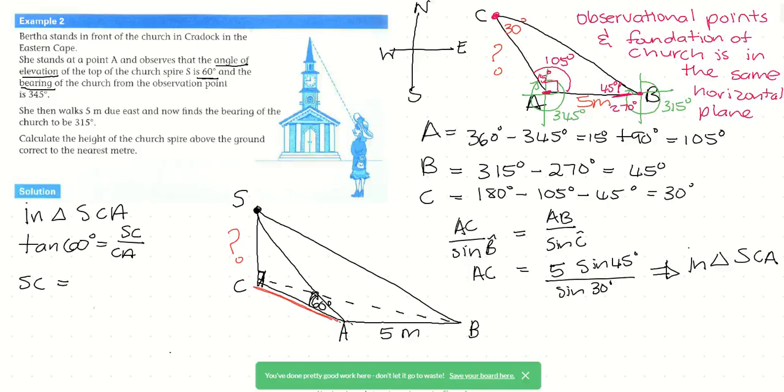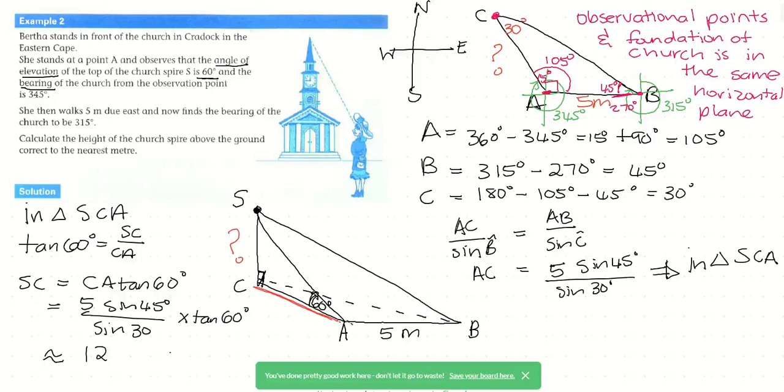We multiply tan 60 degrees by CA, and I can substitute AC or CA into this, which is 5 sine 45 degrees all over sine 30 degrees, times tan 60 degrees. If you plug that into a calculator, you should get an approximate answer of 12 meters.